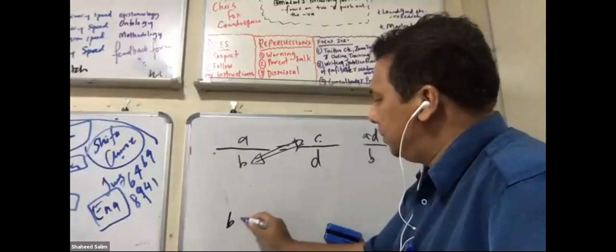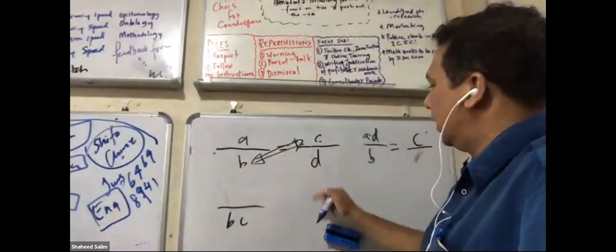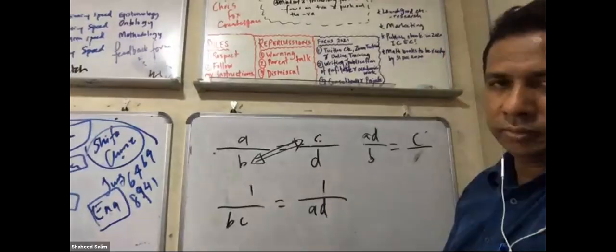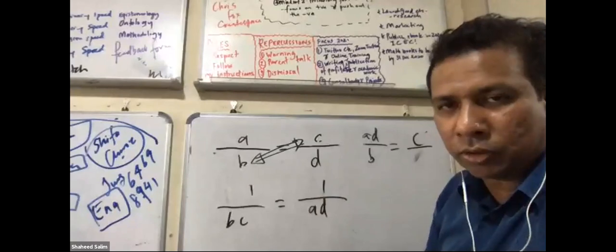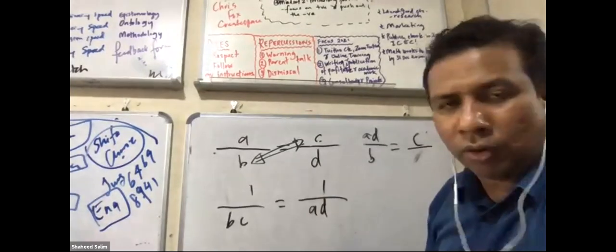I want to bring the C downwards, so I get BC below. But once you bring it here it means times. I want to bring the A down here, I get A times D, AD on top, and you're left with 1. So you can use this method. Are you confused by this method?